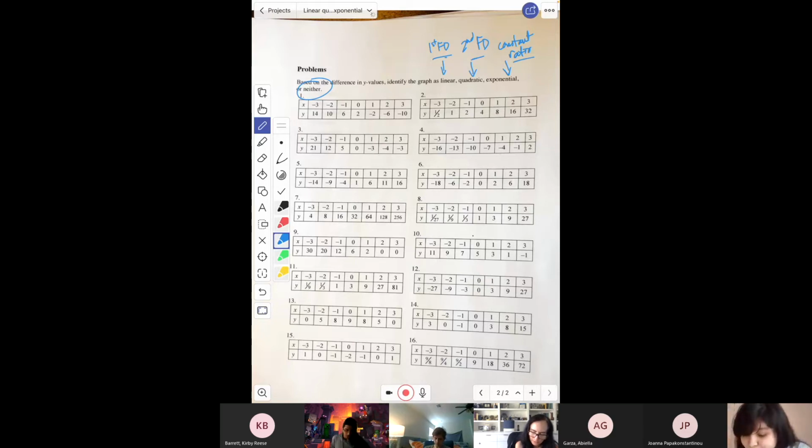Once you have determined the type of function and found the pattern, raise your hand in Teams. Reese, go ahead and find the rules.